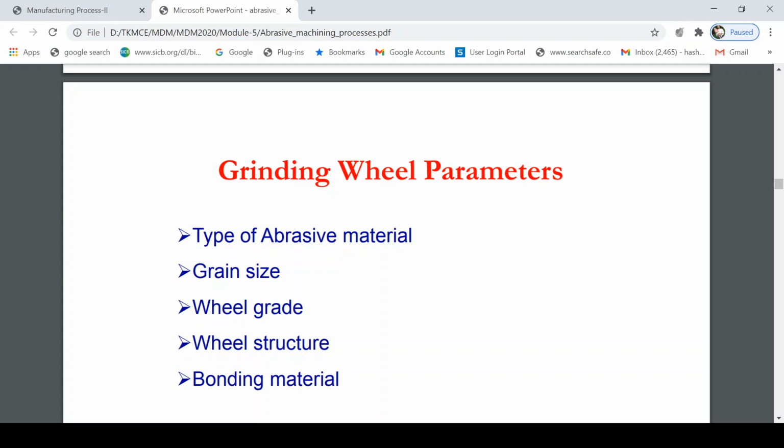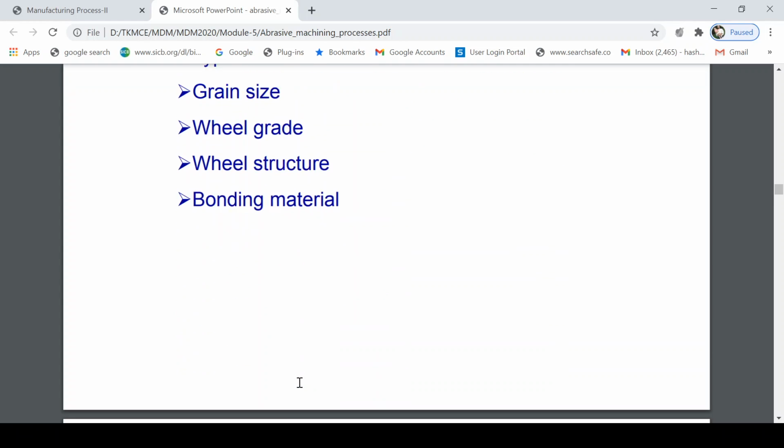Different parameters will specify a grinding tool or a grinding wheel. Those parameters are types of abrasive material, grain size, wheel grade, wheel structure, and bonding material. So we'll see one by one.